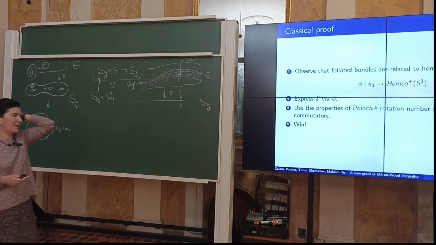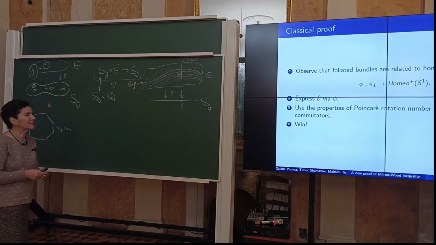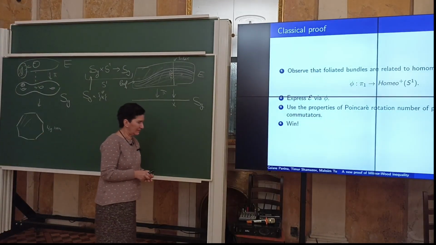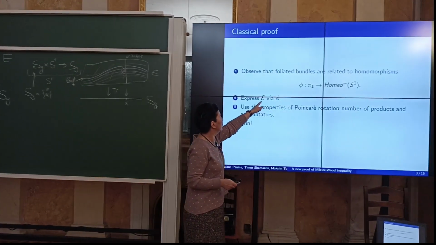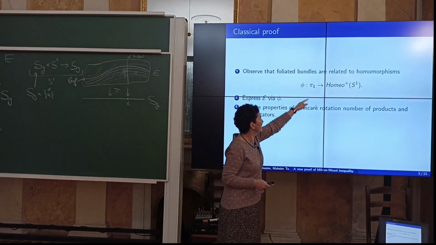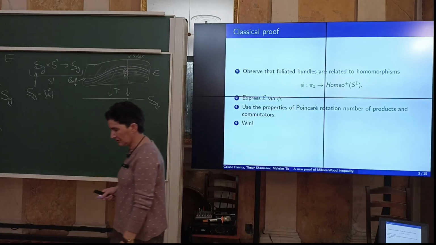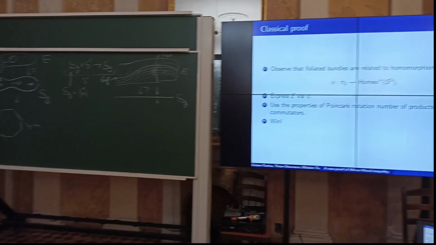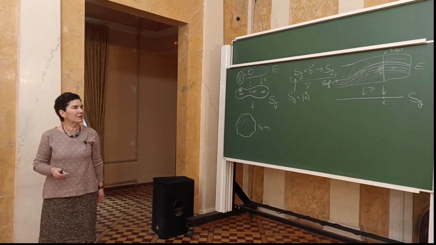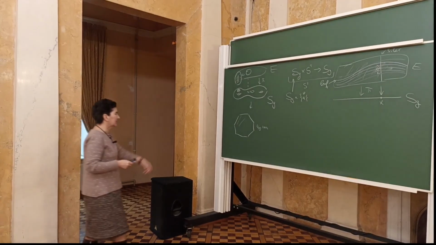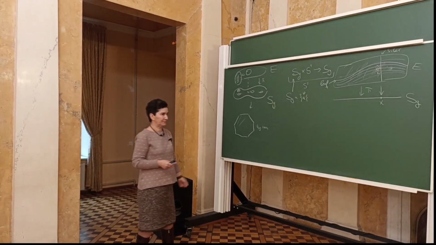Yes, of the circle. Okay, and it's easy to see that the Euler class is expressed by this as the product of commutators of the images of the standard generators of the π1.